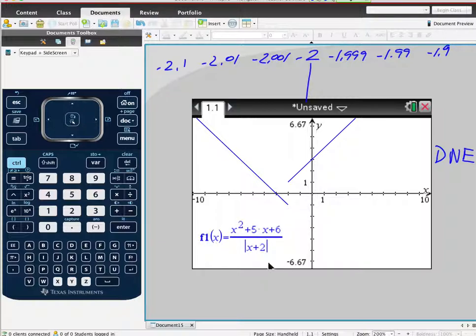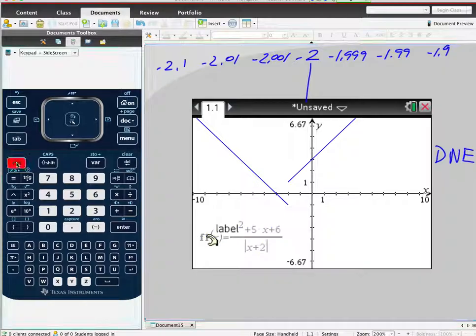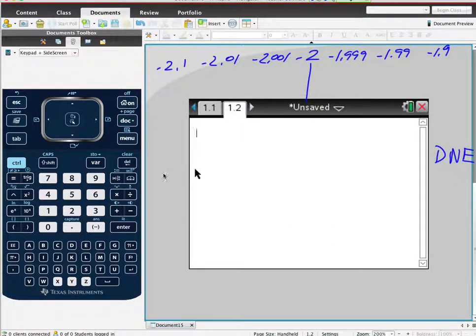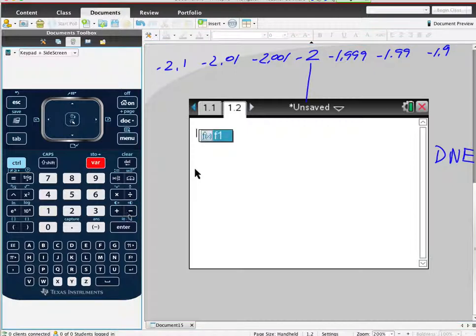What do I do to plug them in? Control doc. I want to add a calculator, then I start chugging away. So variable, enter -2.1. Variable, enter -2.01. And so on.